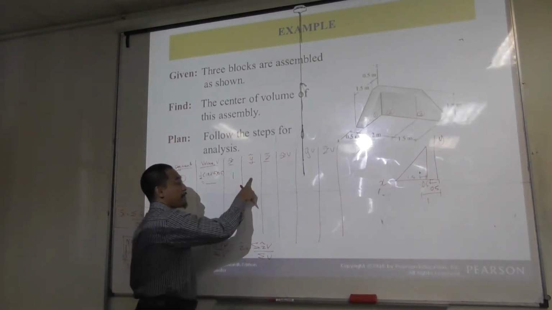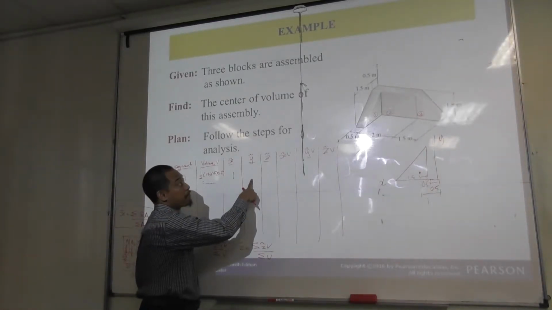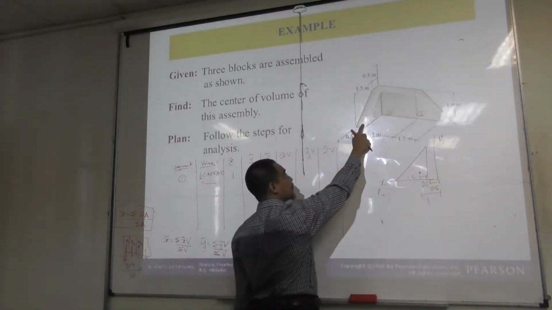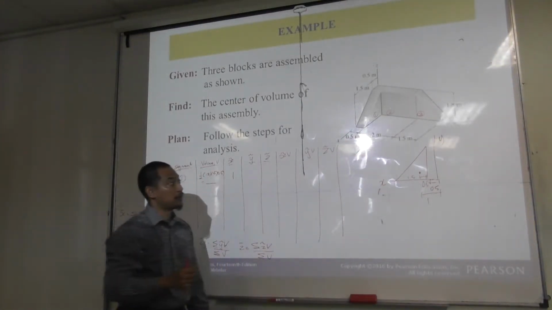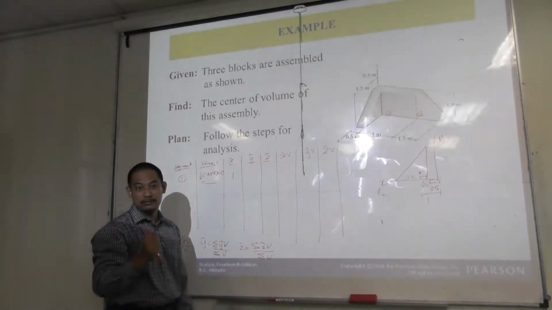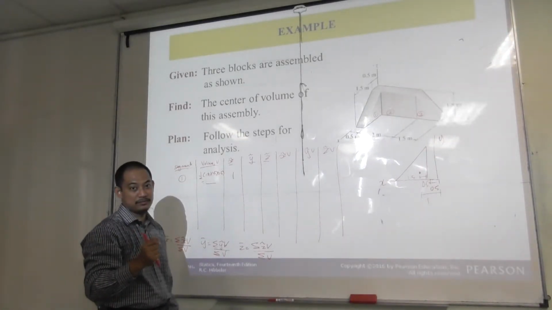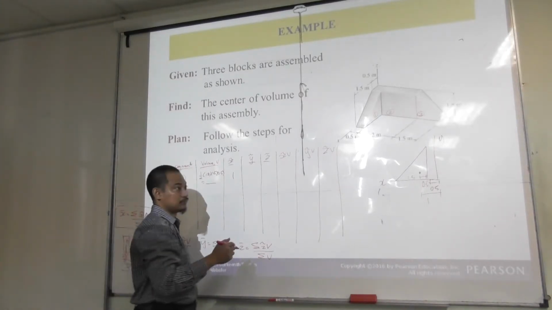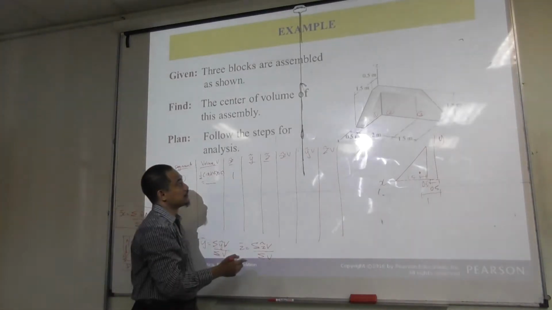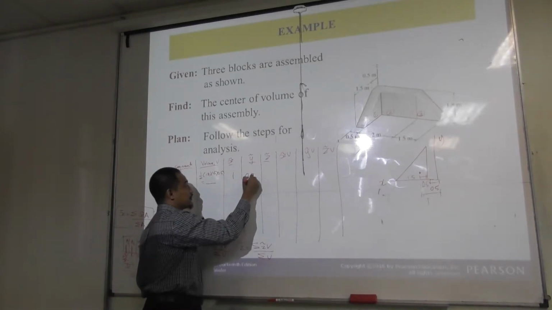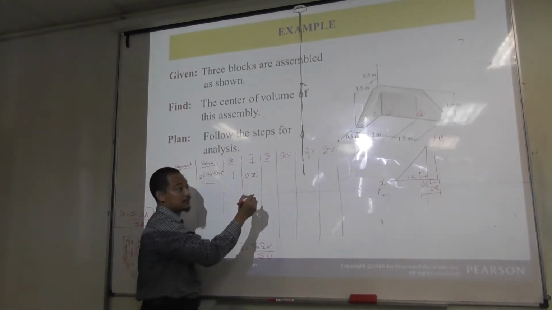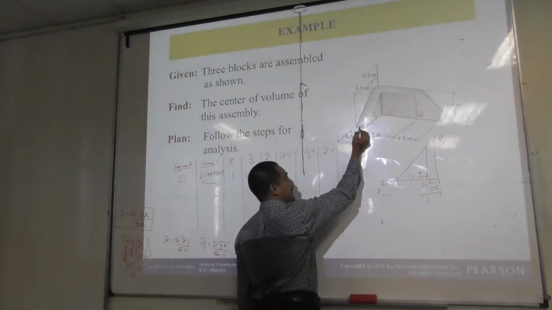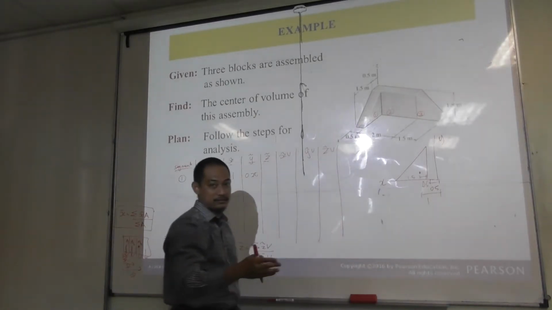Right. So what about the y coordinate? Y coordinate is 0.6? Of this block still. Oh, the center, right. 0.25. How do you get this? It should be at the middle of the thickness, right?